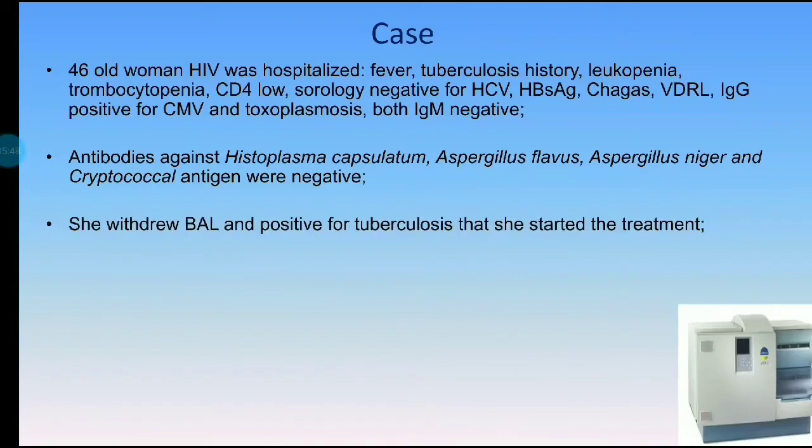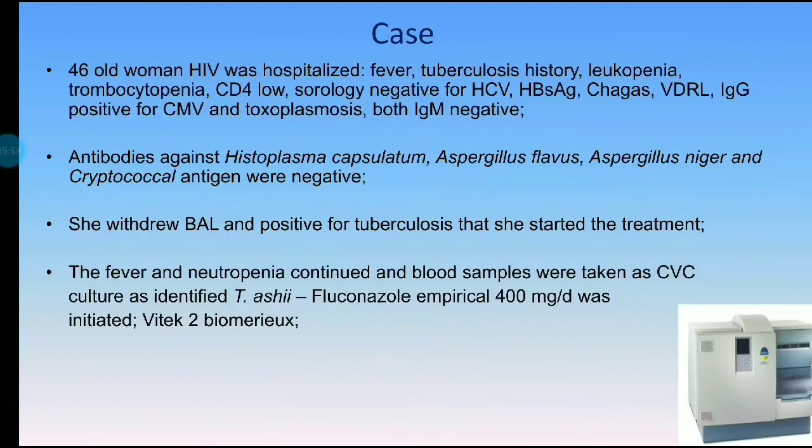Her bronchoalveolar lavage was positive for tuberculosis, and she started the treatment. The fever continued with neutropenia, and blood samples were taken for culture, which identified Trichosporon asahii. Empirical fluconazole was started.